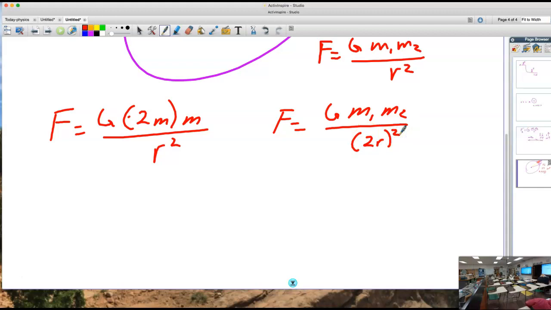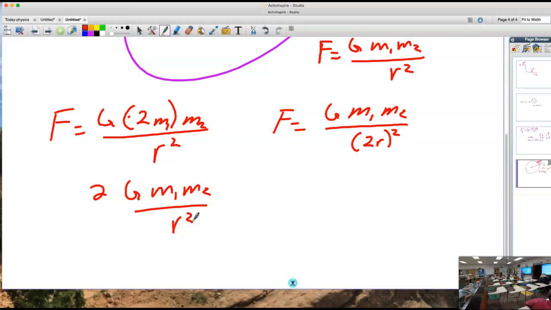Well, we're changing one, right? We're going to add more mass like we do in Utah, and we're going to add more radius just to see what happens. So this, we just pull that 2 out, don't we? So that's 2G m1 m2 over r squared, right?